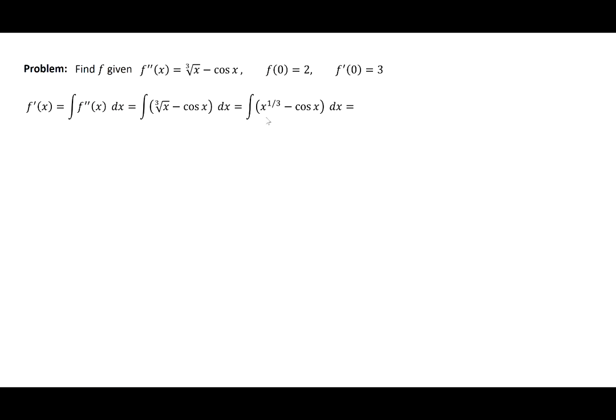That's typically what I do. X to the 4/3 over 4/3, but in the next step I'm going to write this as just 3/4 times x to the 4/3. And the integral of cosine x is positive sine x, so we have a subtraction going on, so minus positive sine x. And the integration constant c sub 1. And this is nothing but 3/4 x to the 4/3 minus sine x plus c1.